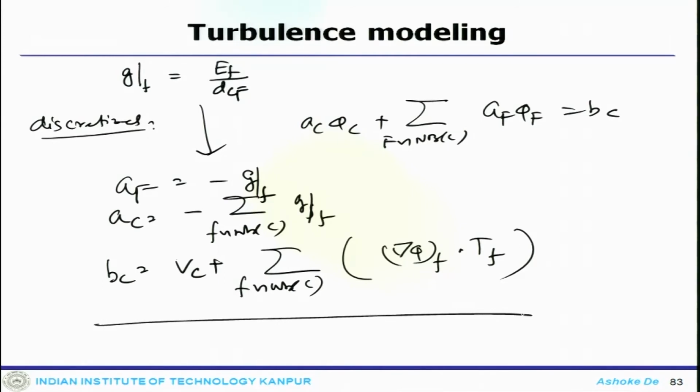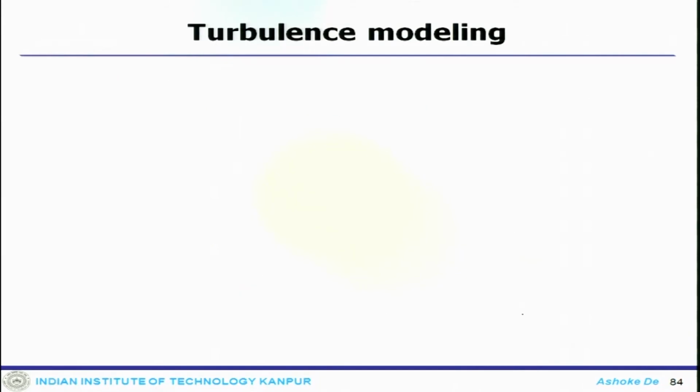So, essentially that talks about how you implement all these things in your system of equations, and that also brings us, to some extent, to the closure of these lectures. We talked about numerical schemes based on the finite volume method, and then the classification of PDEs.